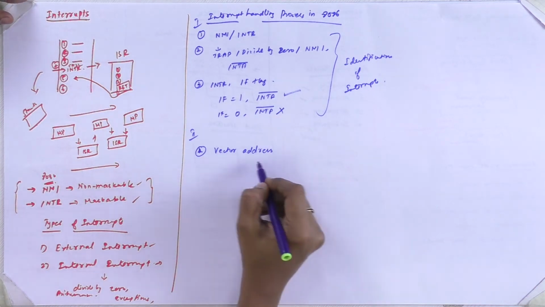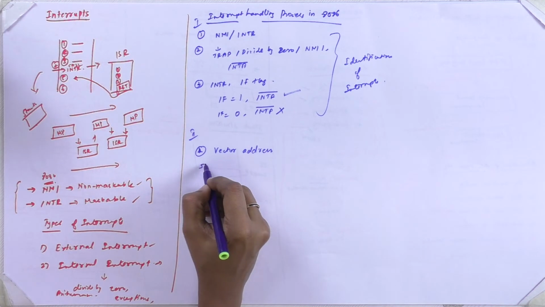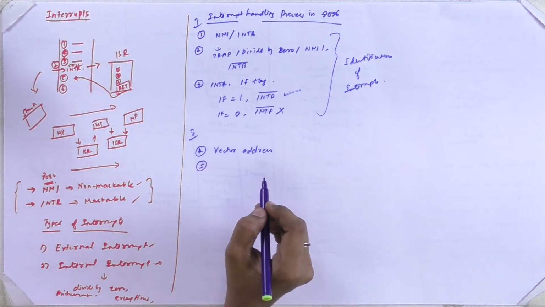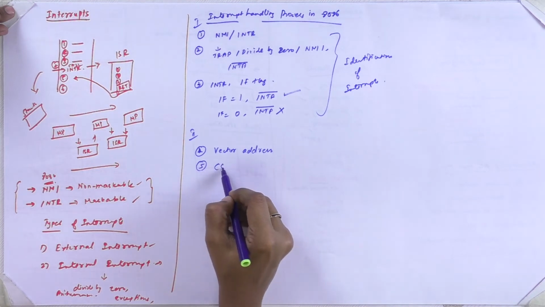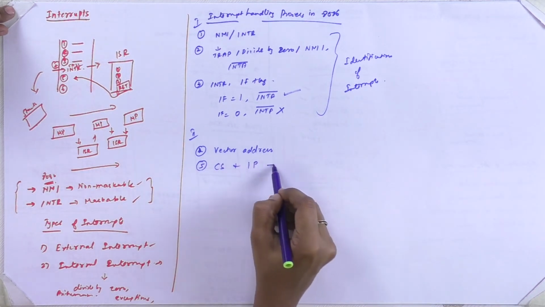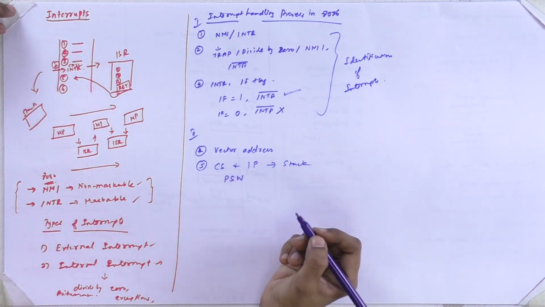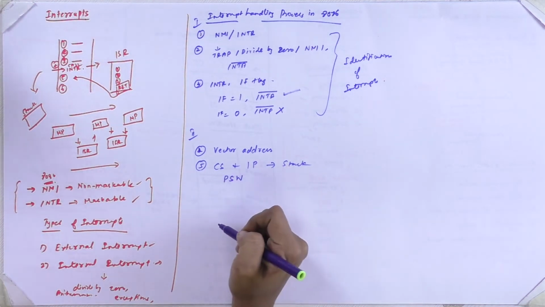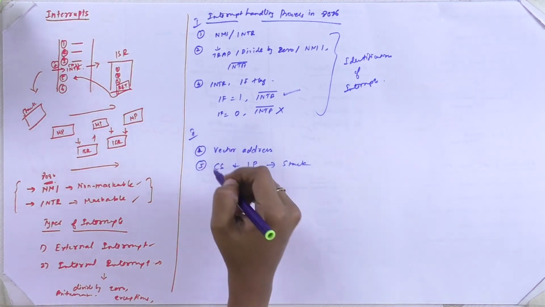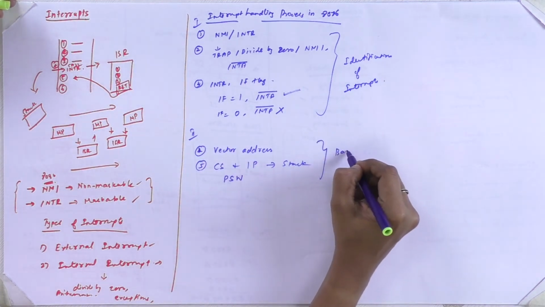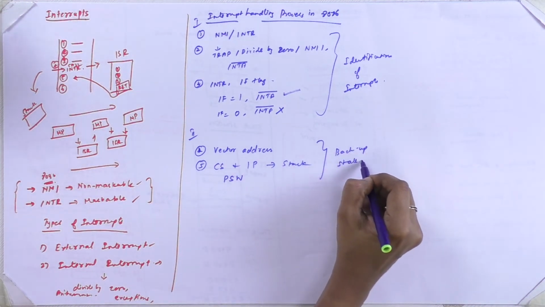After computing this vector address, the processor will store all the CS and IP contents into the stack area along with the PSW, that is program status word. So this is the second sequence, that is the backup sequence. It is called the backup sequence using stack.